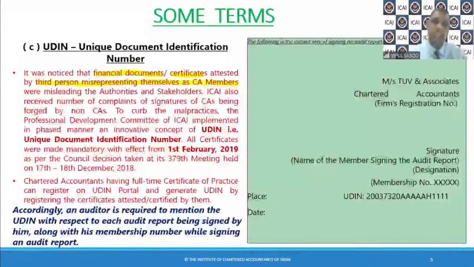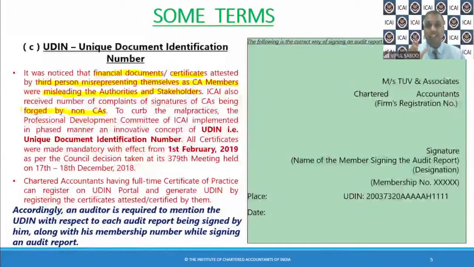And this would lead to a situation of fraud. So the misdeeds, the misuse by these third persons were misleading the authorities and the stakeholders as well. Our institute received a number of complaints of signatures of chartered accountants forged by non-chartered accountants.